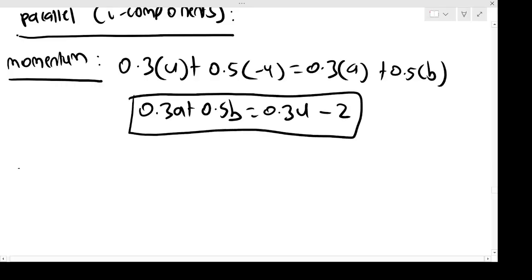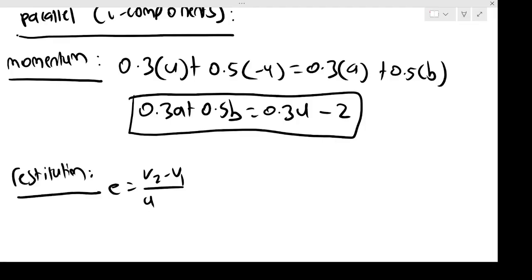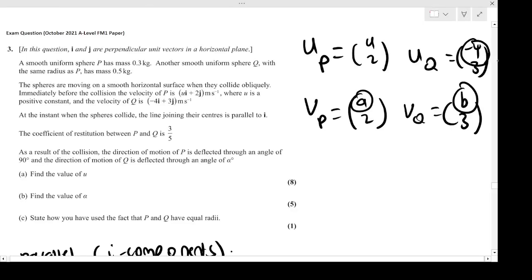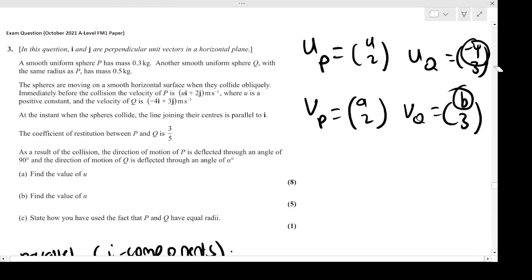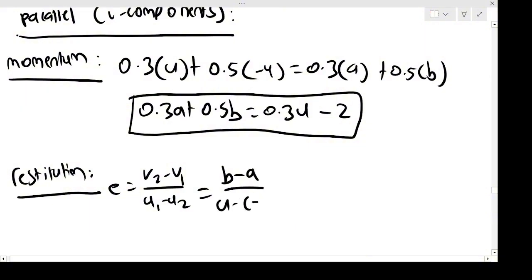And then we've got restitution. So again, E is V2 take away V1 over U1 take away U2. For the I components, V2 and V1 are going to be B and A, so B take away A on the top. Then U1 take away U2, so that's going to be U for U1 and minus 4 for U2, so it's going to be U take away minus 4.